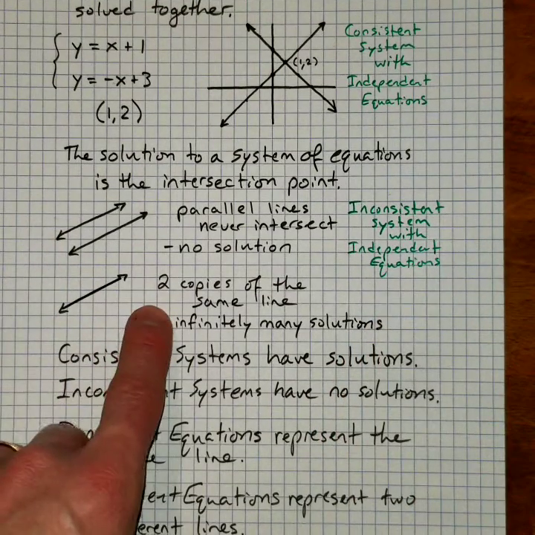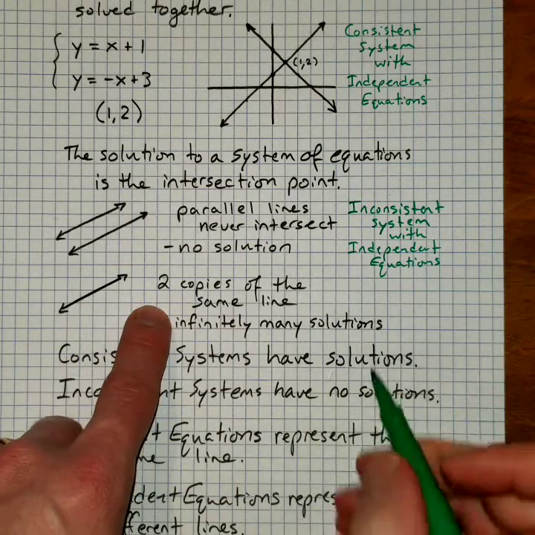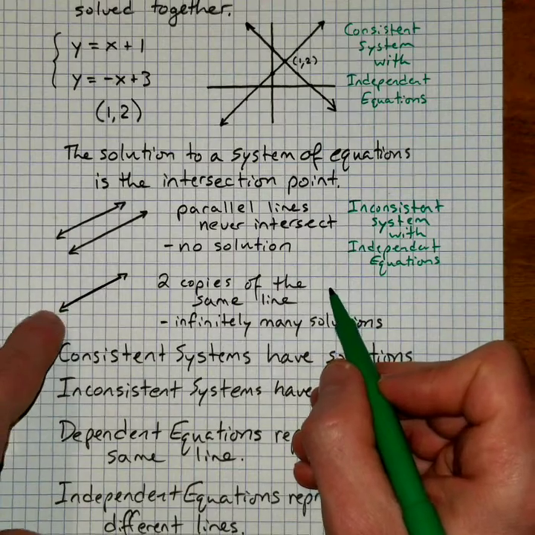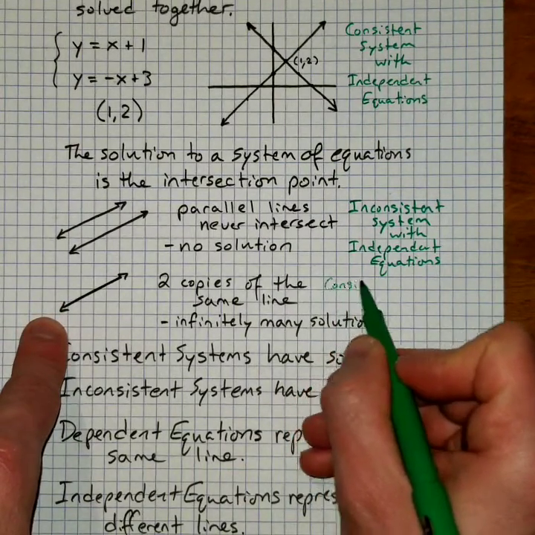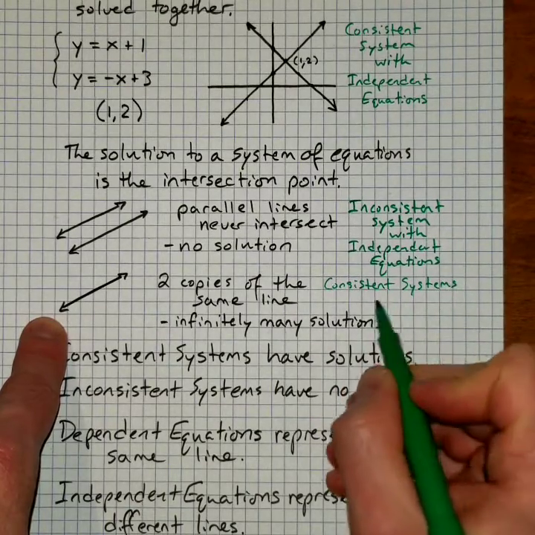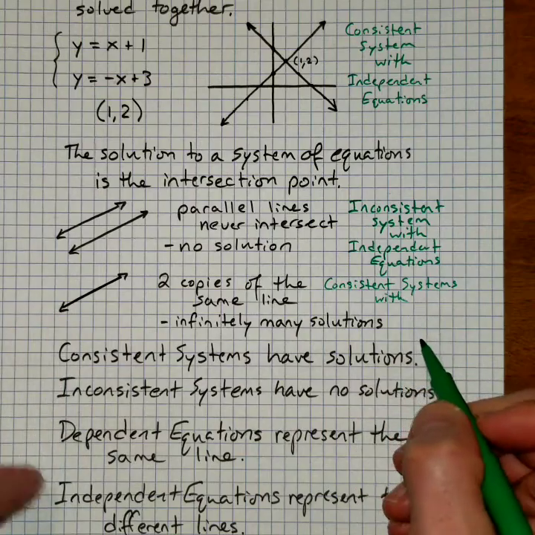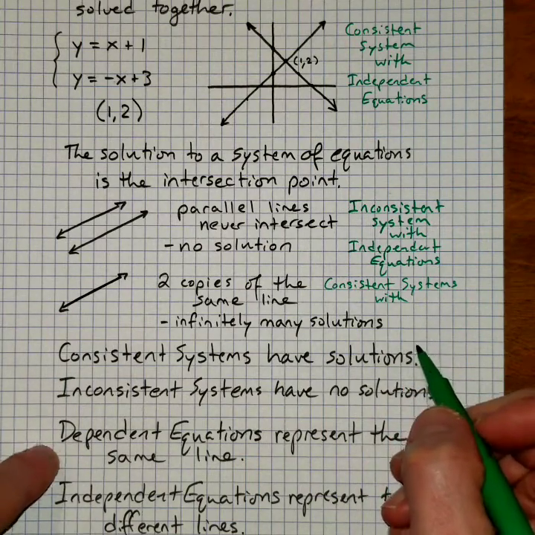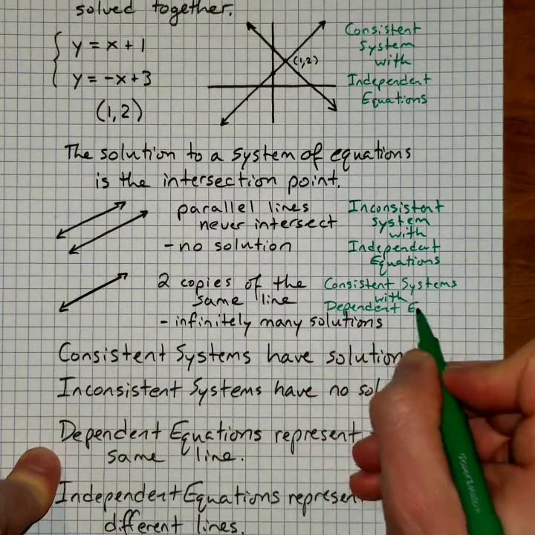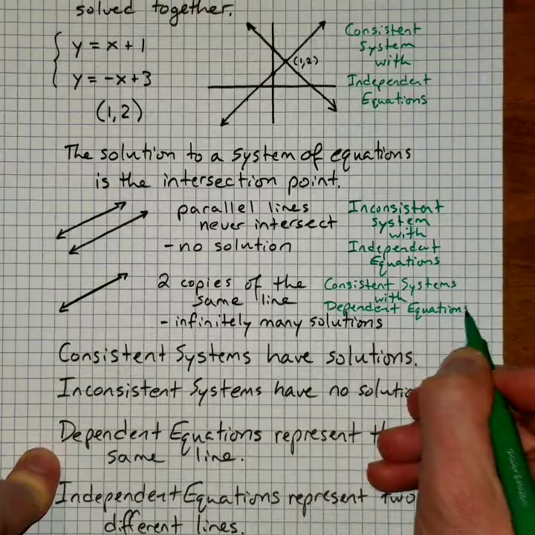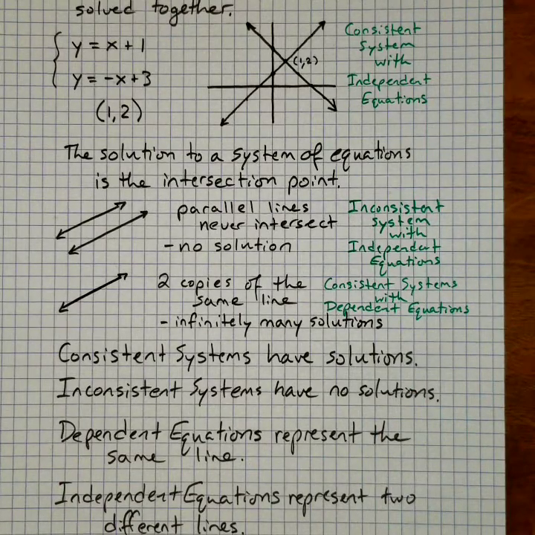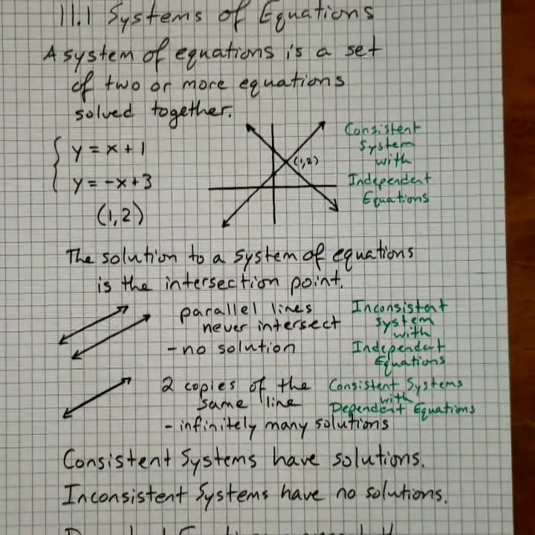And then finally, where you have two copies of the same line, we would call those consistent systems with dependent equations. So that should give you a pretty good summary of all the different types of systems of equations that we'll be seeing in Chapter 11.